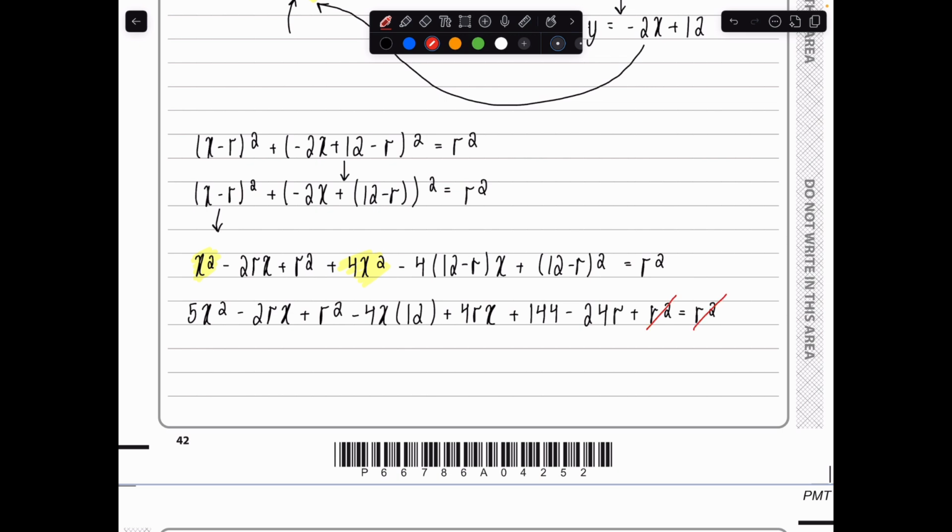Take an r squared away from both sides, and then we're left with 5x squared minus 2rx plus r squared. Now here, minus 4 times 12 is minus 48x plus 4rx plus 144 minus 24r, and that is equal to 0.